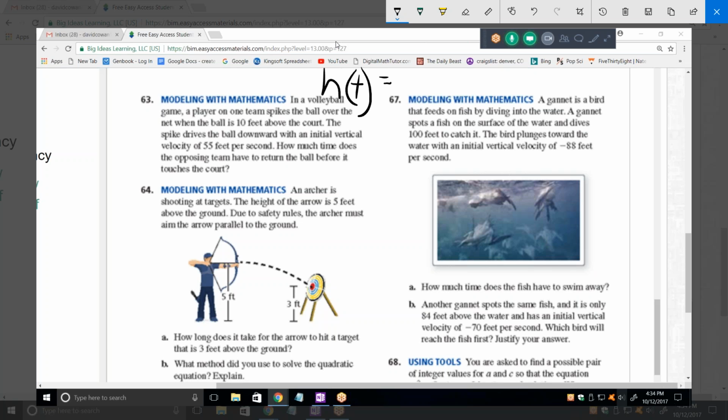What was it again? So h of t equals negative 16 t squared plus 90t, I think, right? Not 90. It's whatever the initial speed is. Oh, okay, so velocity of 55 feet per second. So 55 t. And what was the height?